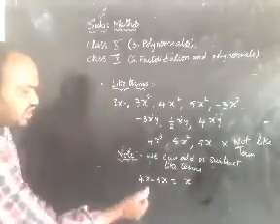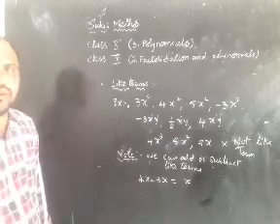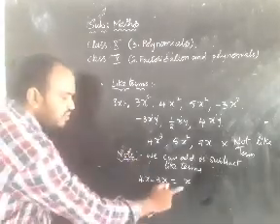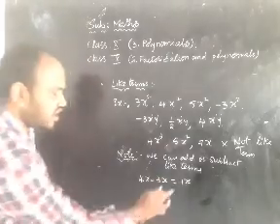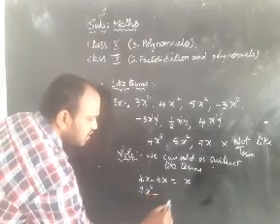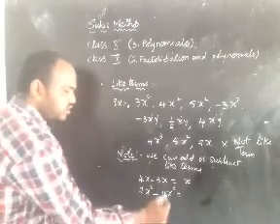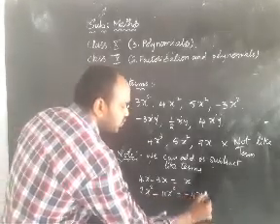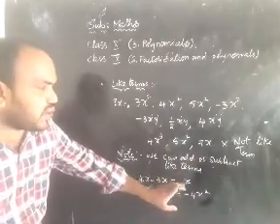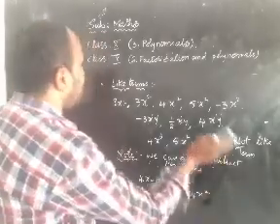We have the same variable and same power, so the operation is between the coefficients, that is 4 minus 3 which gives 1. 1x we can write simply as x. 7x square minus 11x square is equal to minus 4x square. So we can add or subtract only like terms.